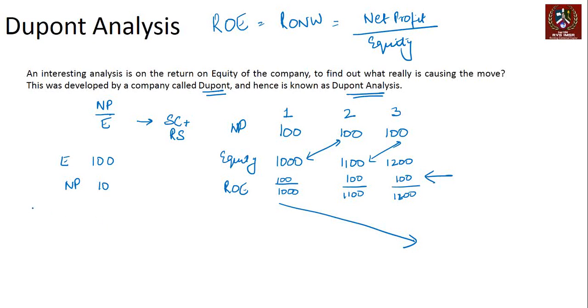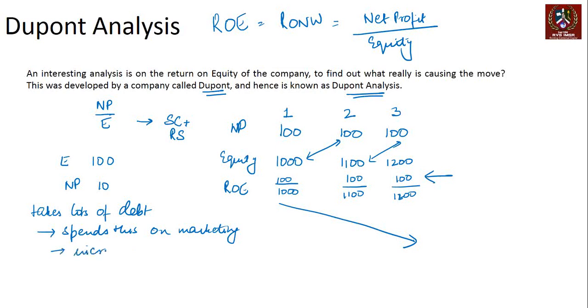Now let's assume the company takes lots of debt, right? Spends this on marketing. So the company takes a lot of debt and then spends this entire amount on marketing, which increases sales and results in a very marginal increase in net profit, right?